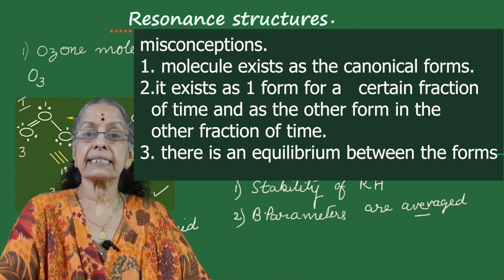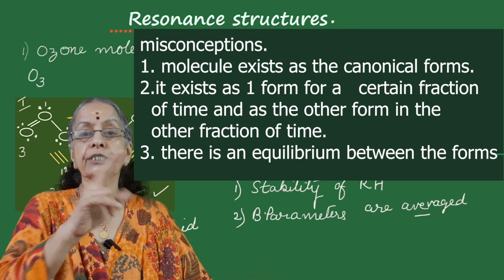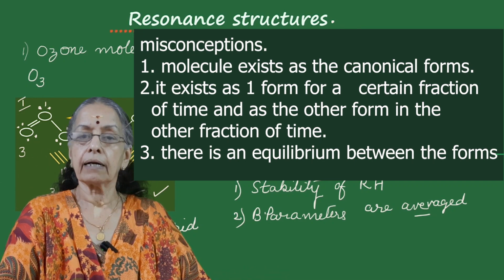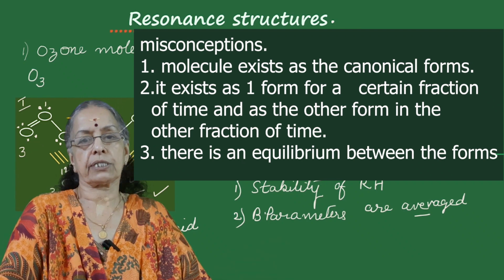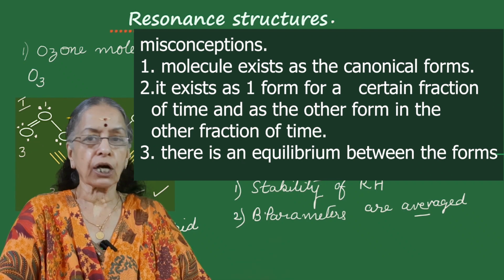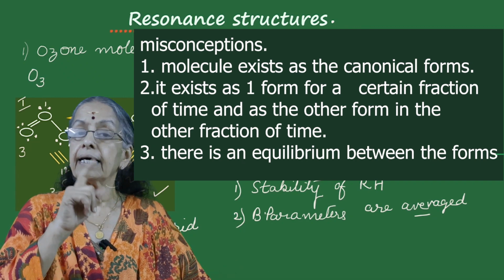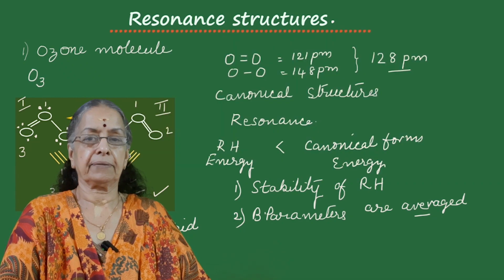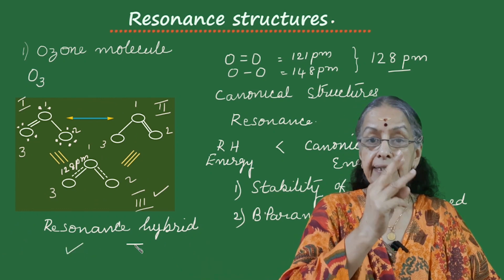The third misconception is that there is an equilibrium between these two forms. All these three concepts are misconceptions. Such a thing does not happen. Really, the molecule exists as the resonance hybrid. That is, in the case of ozone, I have shown that as structure 3.